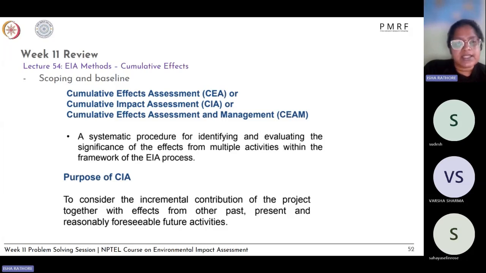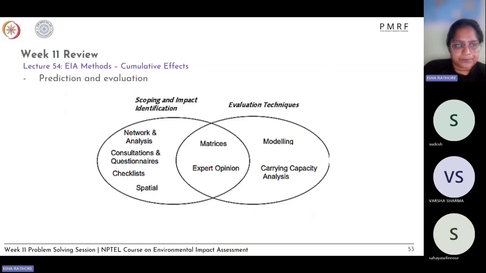So this is basically a systematic procedure for identifying and evaluating the significance of the effects from multiple activities within the framework of the EIA process. And the purpose for which we do a cumulative impact assessment is to consider the incremental contribution of the project together with effects from other past, present, and reasonably foreseeable future activities. Okay.